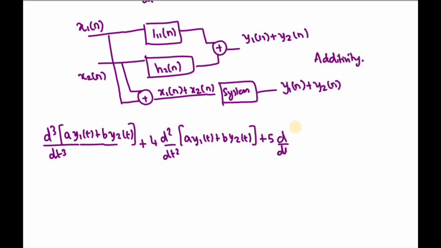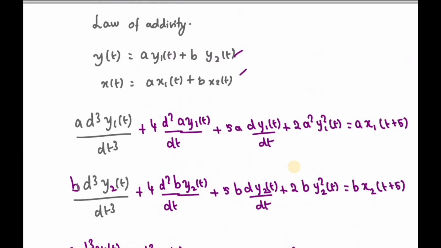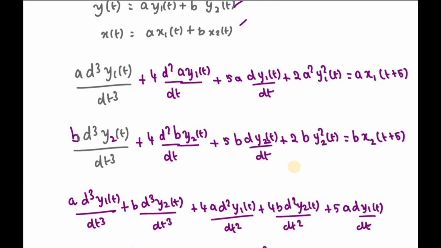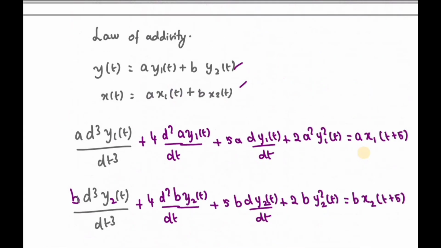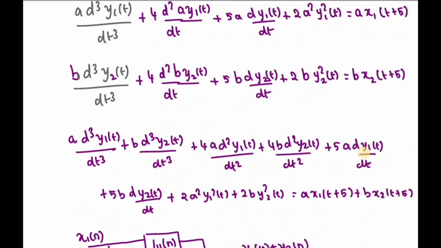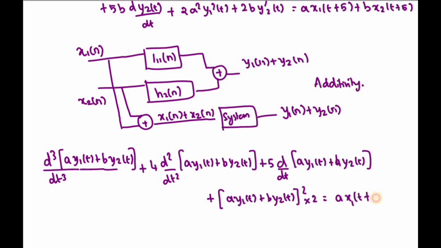Then we have y1 of t plus a b y2 of t, plus v1 of t plus b y2 of t squared, and for substitute of these two, okay. Then into 2 a x1 of t plus 4, right, plus 5 plus b x2 of t plus 5.